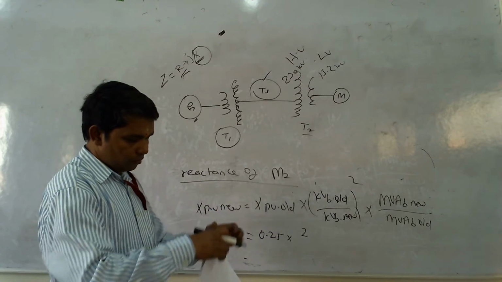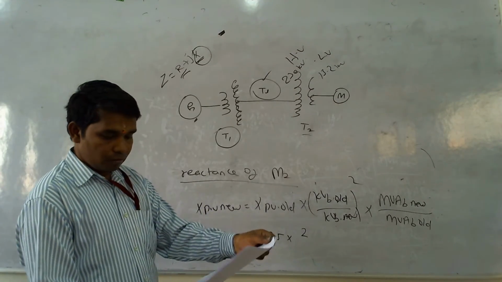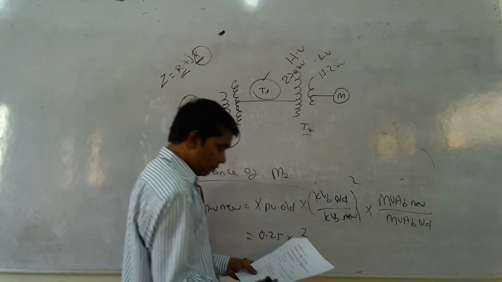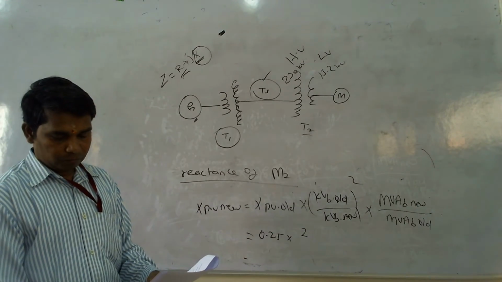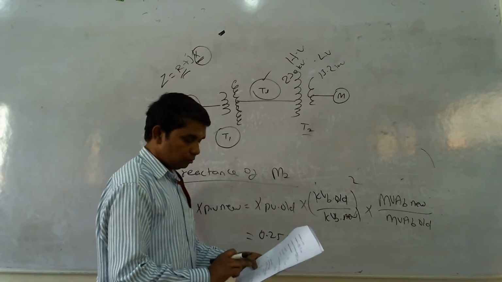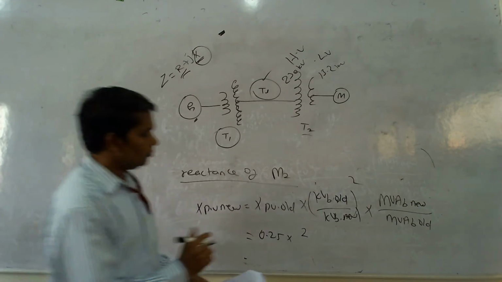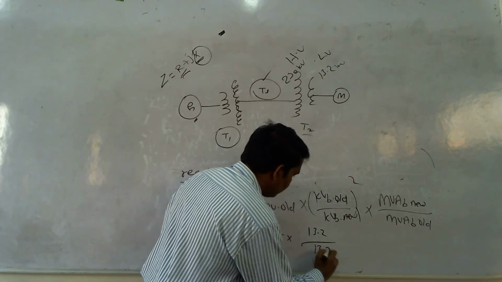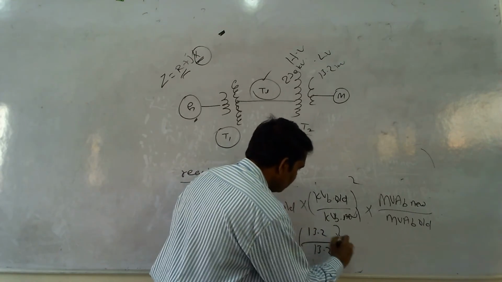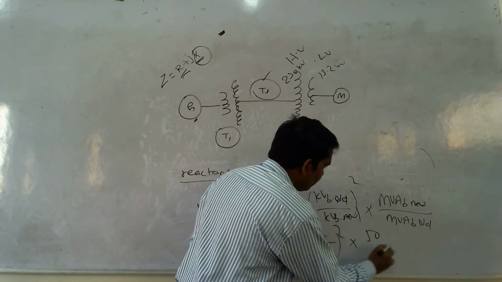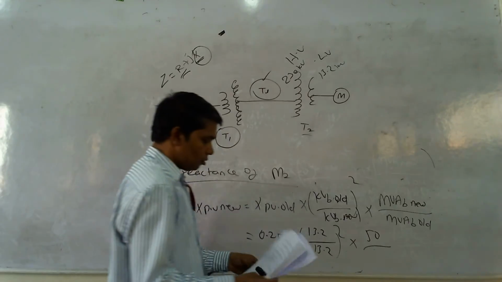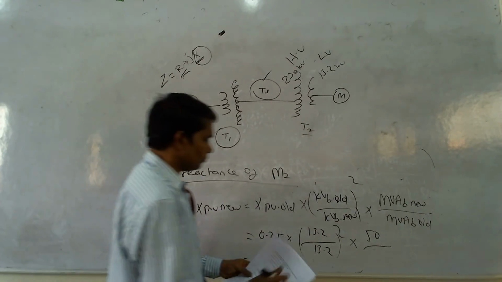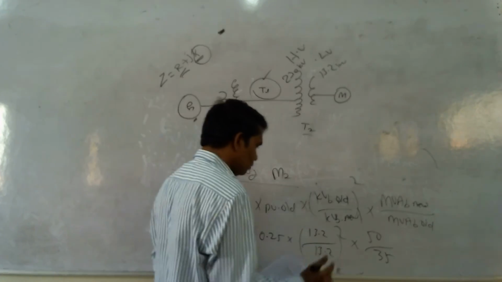The kilovolt base old value is 13.2, and the new value is 13.2, right? The whole square, into megavolt ampere new 50 divided by megavolt ampere old, which is given for the motor as 30.